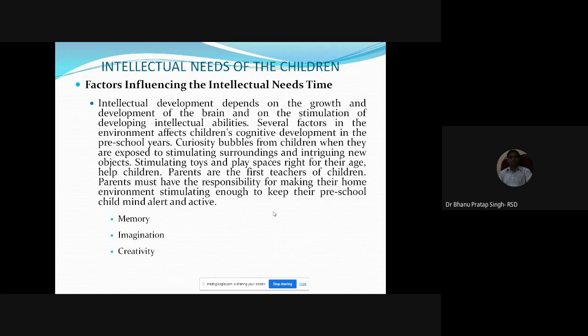Parents are the first teachers of the children, and parents must have the responsibility for making their home environment stimulating enough to keep their preschool child's mind alert and active. At home, the child should have a kind of motivation to go to the school.